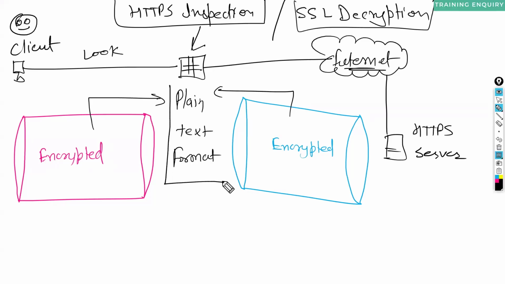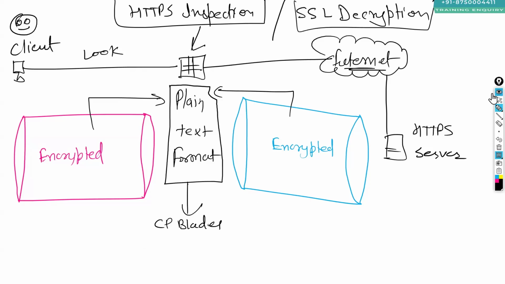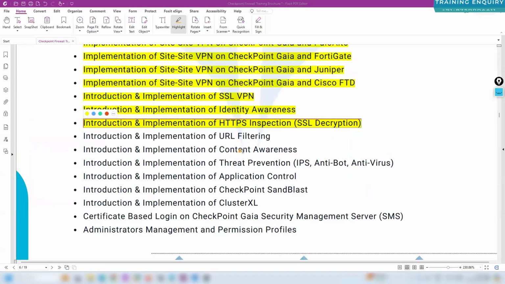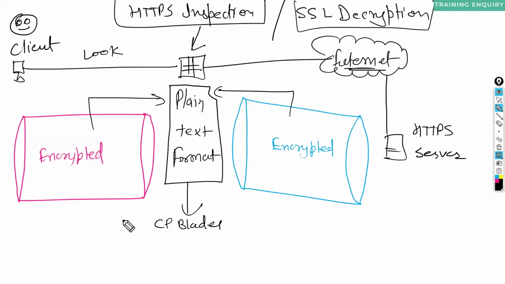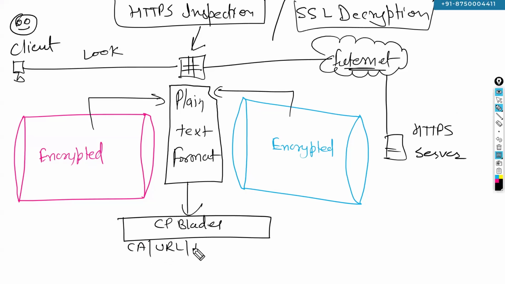And when we have data in plain text format at our firewall, we can use Checkpoint blades like URL filtering, content awareness, threat prevention, and application control.